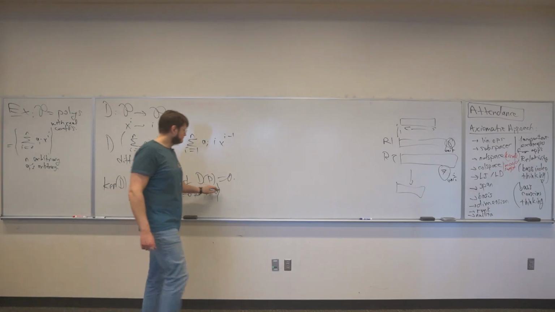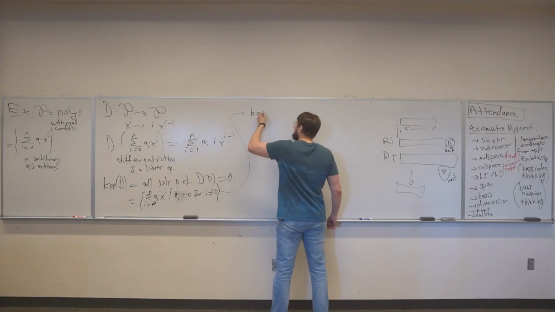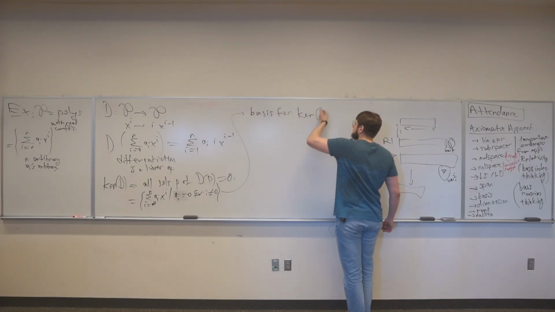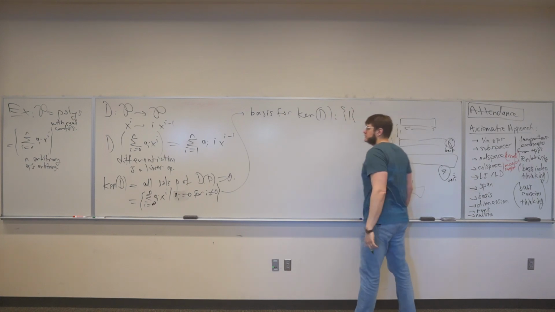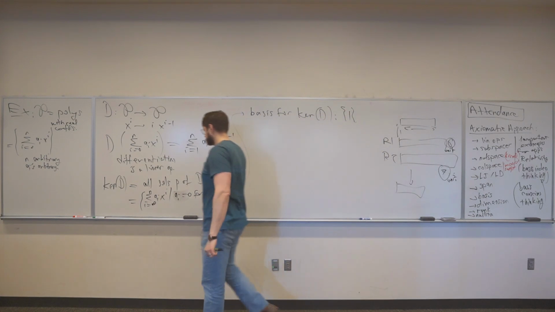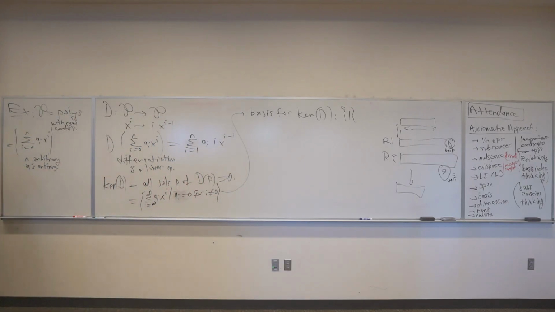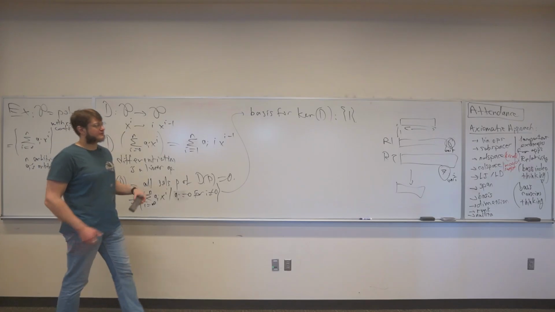So you can say a basis for the kernel of differentiation is the polynomial that is constantly 1. Consequently, the dimension of the kernel of differentiation is 1. It has only one vector in the basis. And therefore, the nullity of differentiation is also 1.